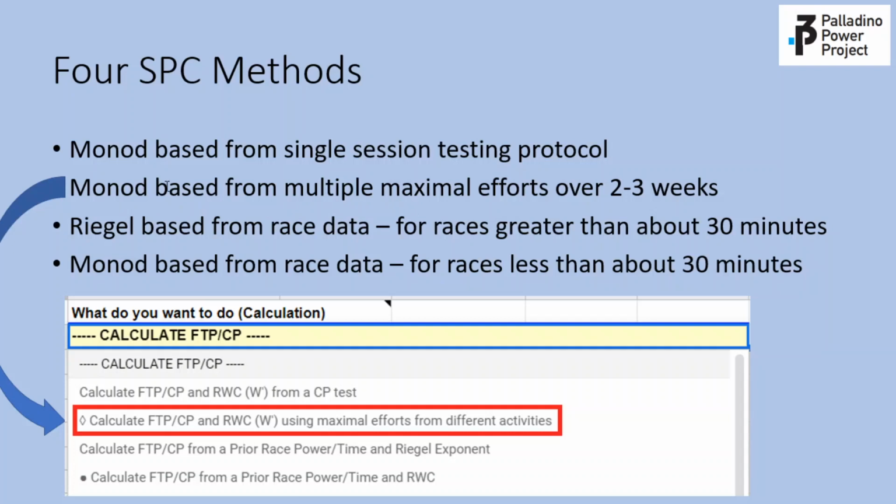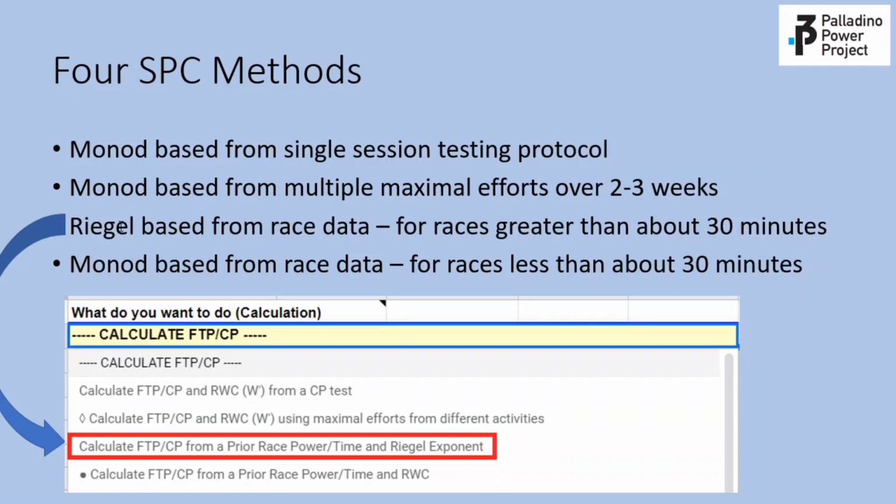It's a Monad-based calculator where the maximal efforts are all on different days within about a 2 to 3 week period. If you've got that scenario, then you open up this calculator, drop down box, select that calculator, and that's the one you're going to use.